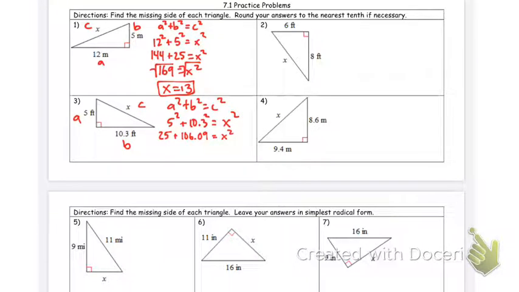It gives us 131.09 equal to x squared. And again, to solve for x, we square root both sides. And x is going to equal, and we round to the nearest tenth, 11.4.